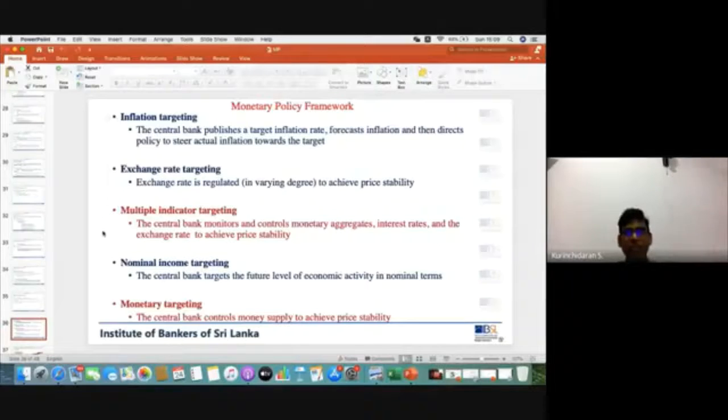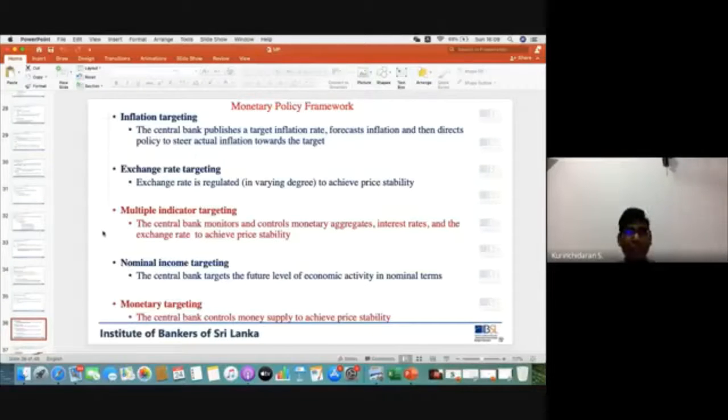So they forecast the inflation rate, then direct their policies to steer actual inflation toward the target. It's a continuous mechanism. It varies from country to country, but still this is one of the major developments in the monetary policy environment. And second, exchange rate targeting. We also discussed exchange rate analysis.